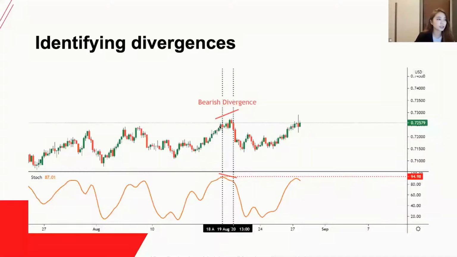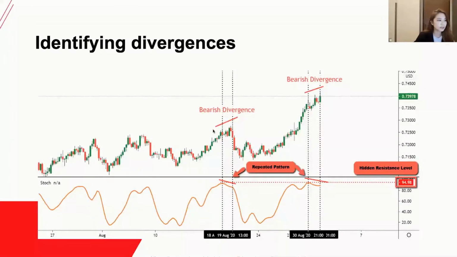You can see that price actually closed higher than before. However, stochastics captures a lower momentum, which is really odd, right? Since the price did close higher than before, this is an indication of a divergence, which in this case we call a bearish divergence.